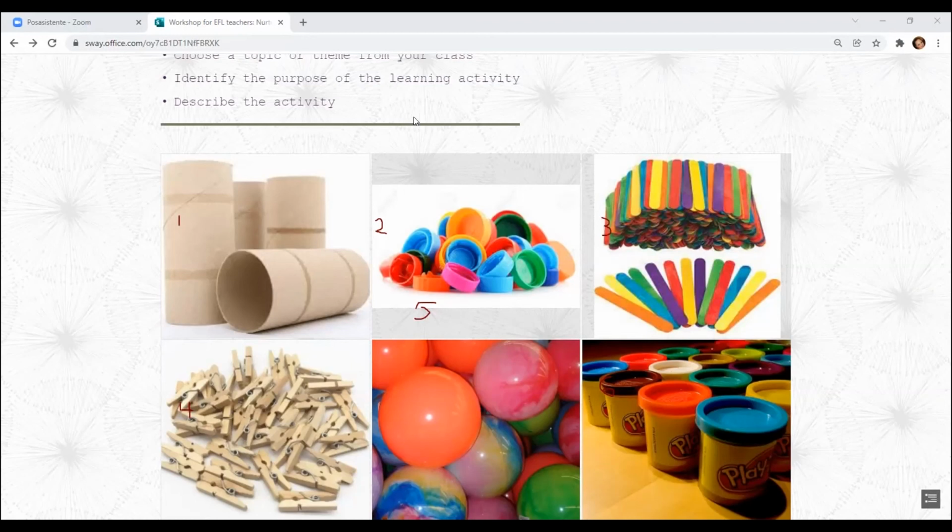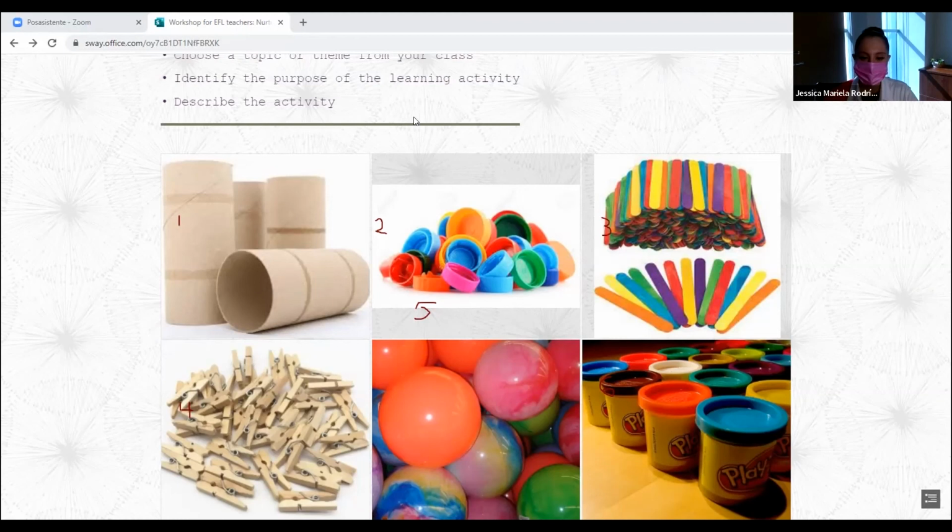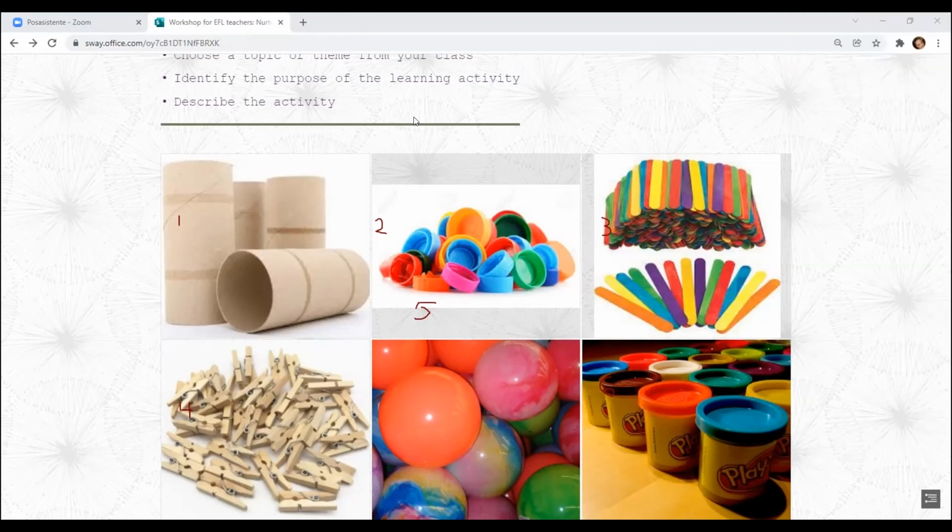And the purpose is for students to increase their vocabulary of objects they can find at home. Good. The activity is using the plastic bottle caps, and it's to put a letter into the caps, and then put all of these caps into a big bottle.